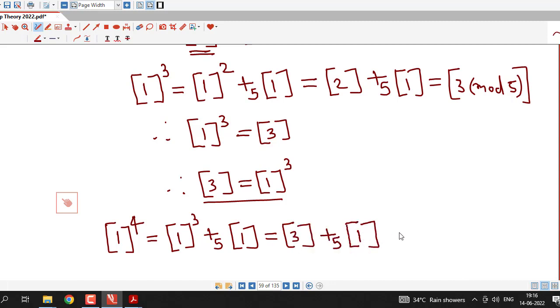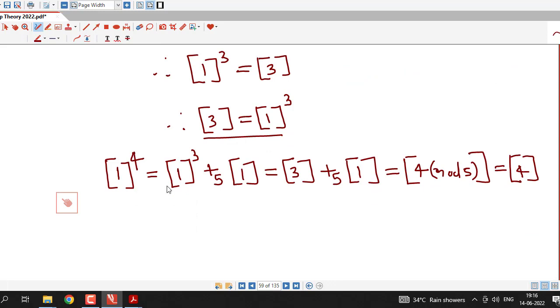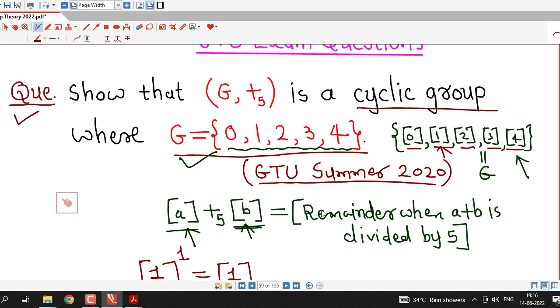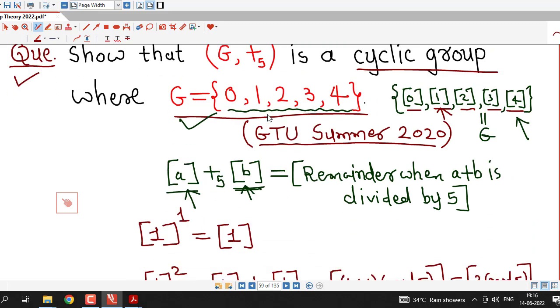So this is equal to 3 plus 1, that is 4 modulo 5, and the remainder will be 4 because 4 is less than 5. So 4 is also expressed as the fourth power of equivalence class generated by 1, and we have only 4 elements.